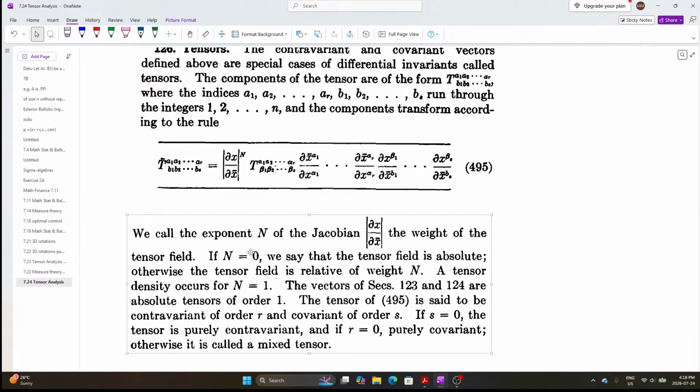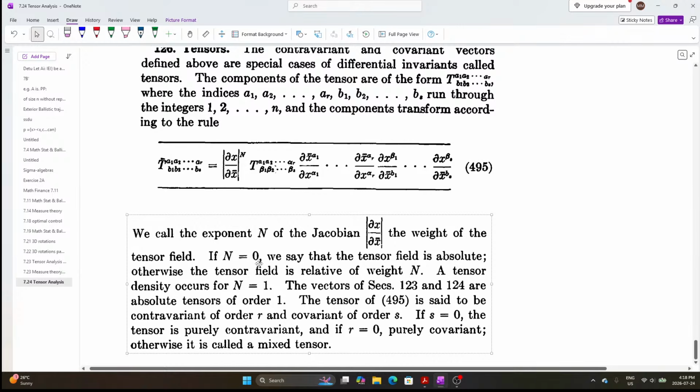Here it says the exponent big N of the Jacobian. By the way, this is backward Jacobian or inverse Jacobian, d old versus d new. Okay, and this is the exponent. Big N is the weight of the tensor field.